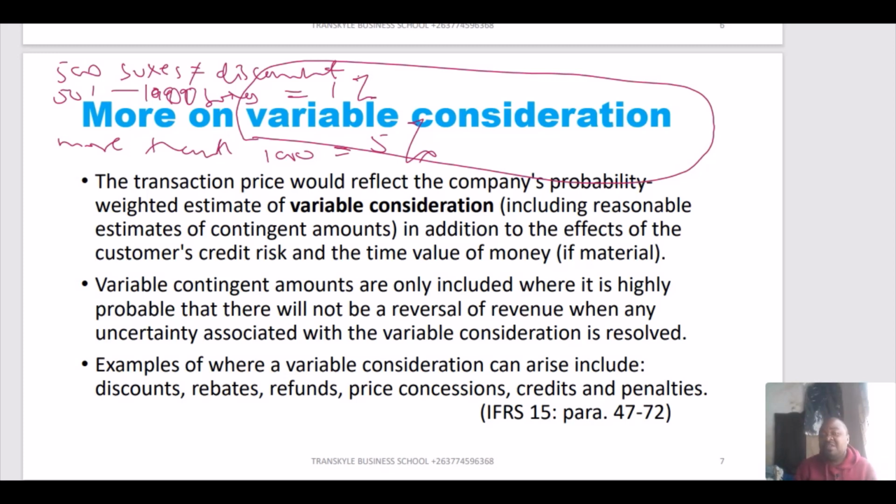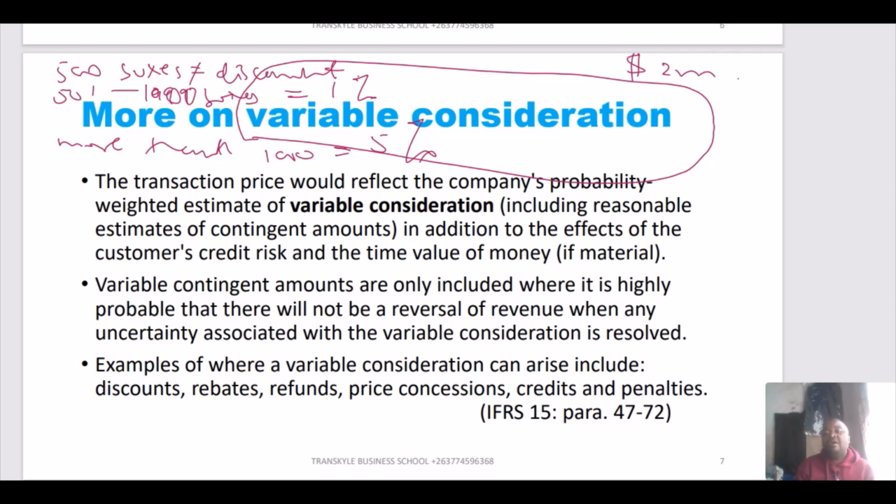Suppose when they come on the first day, they were only able to buy 500 boxes. So when we recognize revenue, our transaction price was actually based on 500, and in that case, we only recognize, let's say, 2 million. However, during the course of the year, they came again and added more boxes, and now they were able to claim the discount. So you can see that the revenue is now variable. Why is it variable?